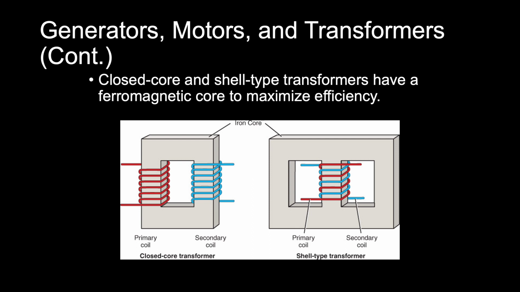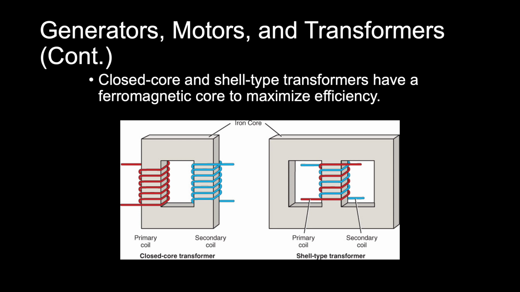When alternating current is flowing through the primary coil, it has an associated fluctuating magnetic field, and this collapsing and expanding magnetic field induces the electricity in the secondary coil. So you have a primary coil and a secondary coil in each type of transformer.